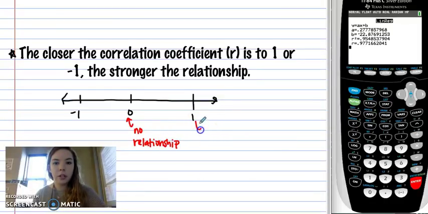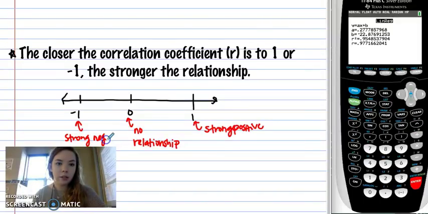And then the closer it is to 1, the stronger it is. So let's just say strong positive. And then this would be strong negative. So that's what the R tells us. All right, so go ahead and pause and write this sentence down, and then we'll go back to our example.